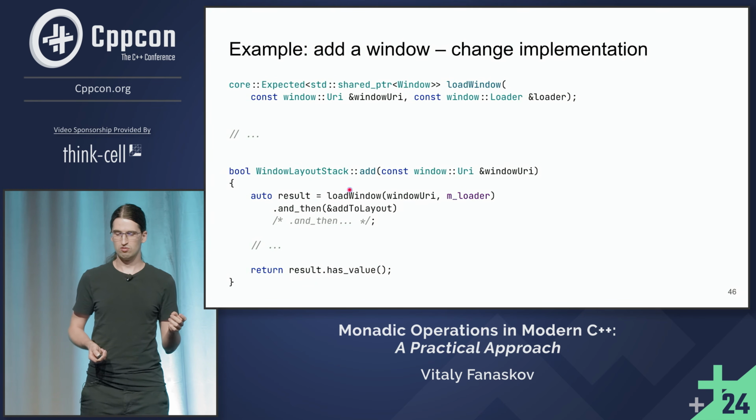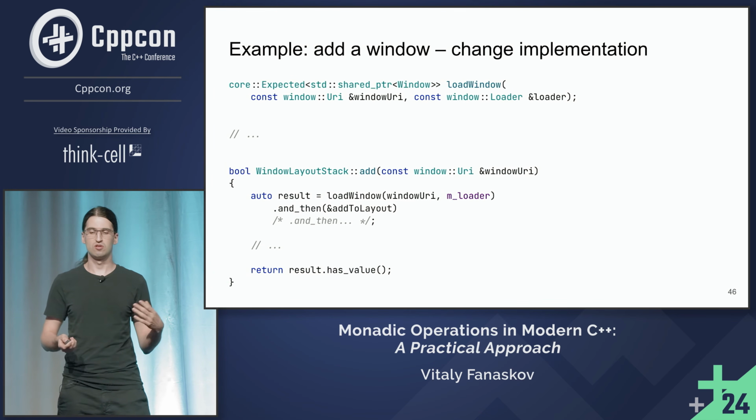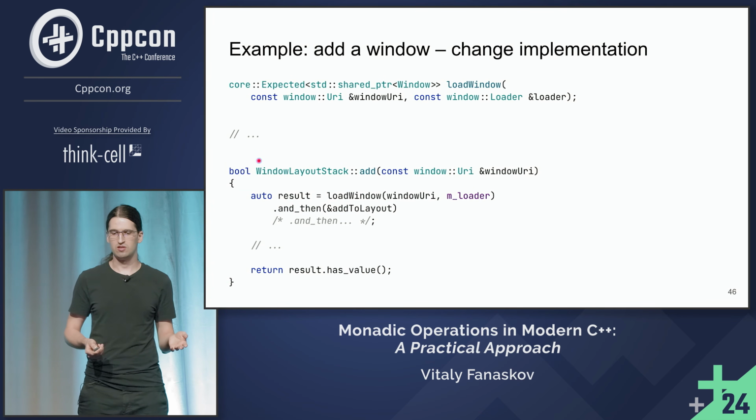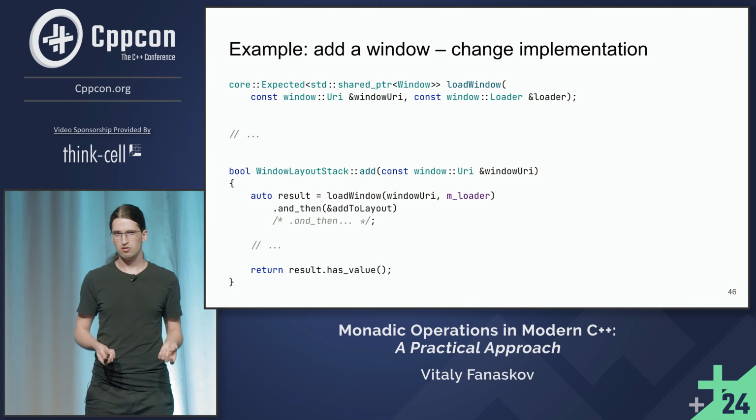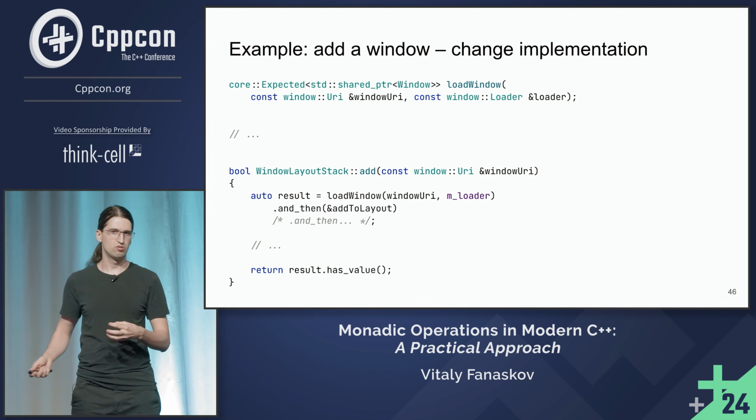You already can chain: you do load window, then and then you can add to layout, and you can do many more things, and then you have a result. But the result is kind of useless right now because we're just checking if it has a value. Suppose the window is loaded correctly, we simply convert it to bool. Otherwise, we just forget about all errors and stuff. We have nothing here. But we're already one step closer to moving it into the interface.